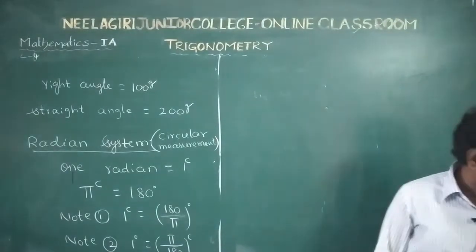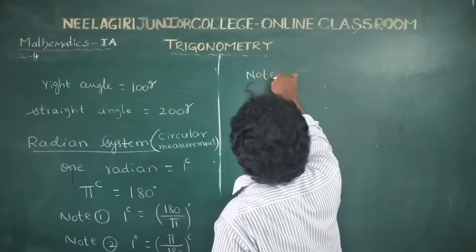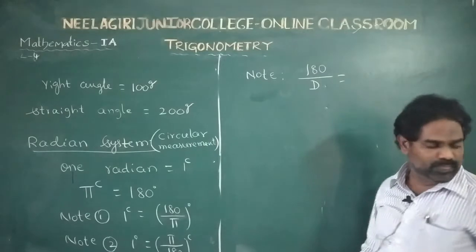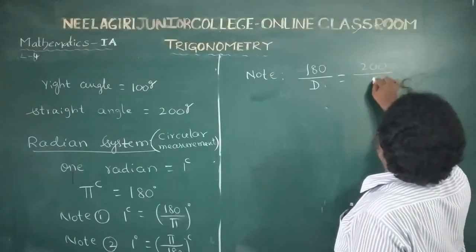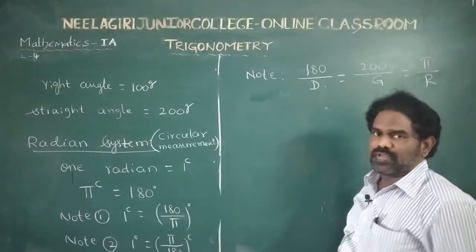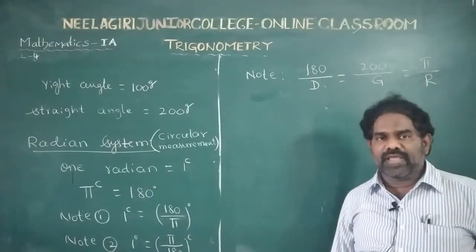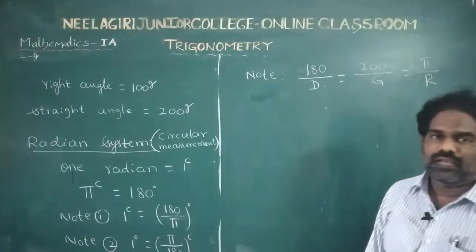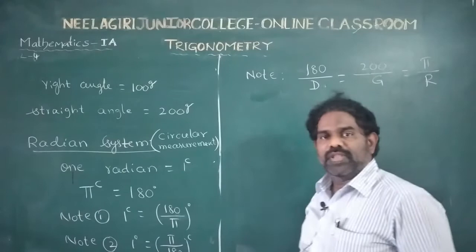That is the nodal condition: degrees by 180 equals grades by 200 equals radians by pi. 180 is the straight angle in the sexagesimal system, 200 is the straight angle in the centesimal system, pi is the straight angle in the radian system.